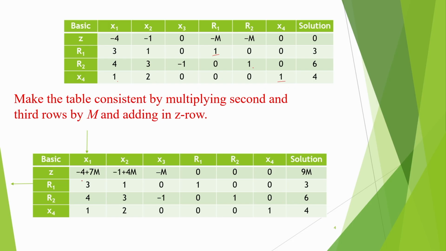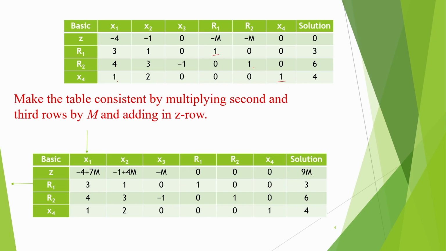So you multiply R1 by M and R2 also by M and add in this table. If you do that, 3 plus 4 is 7, so 7M minus 4; 3 plus 1 is 4, so minus 1 plus 4M; minus M plus M is 0, this is 0, and the solution is 9M. So this table is consistent, it is doing everything right.